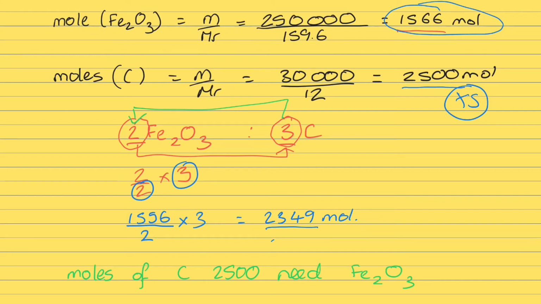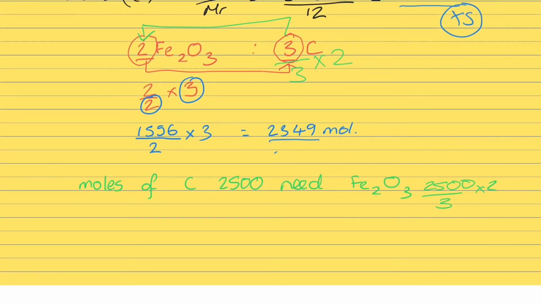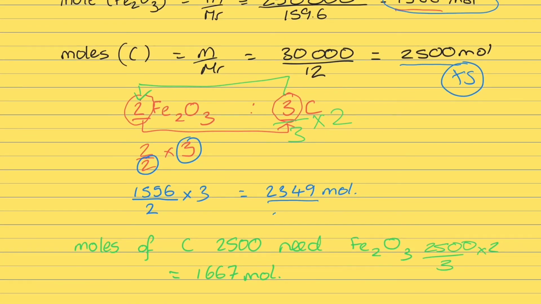How do we get from 3 to 2? Well, we divide 3 by 3 and then we times it by 2. So that needs 2500 divided by 3 times by 2 moles of iron oxide, which is how many moles? 1667 moles.